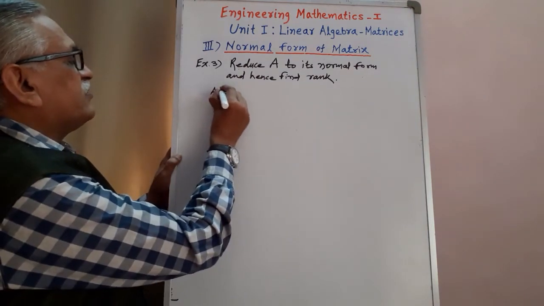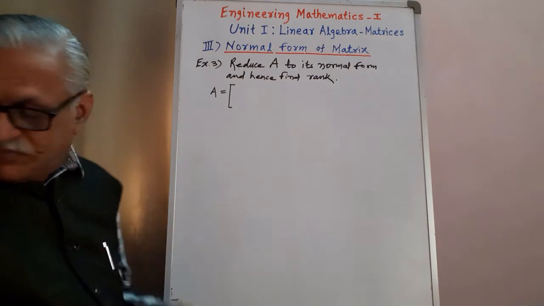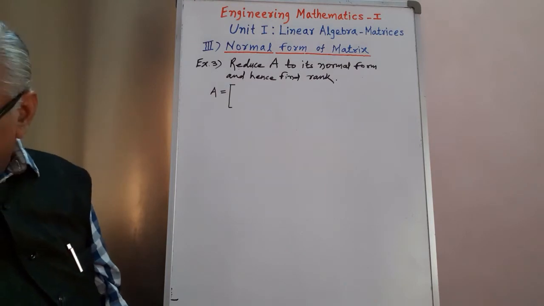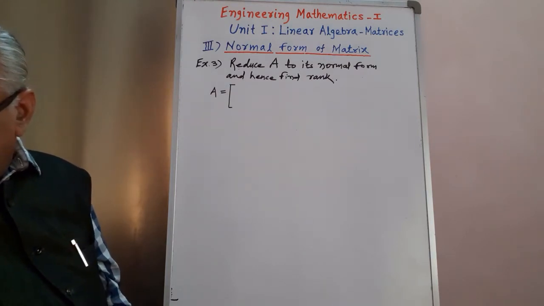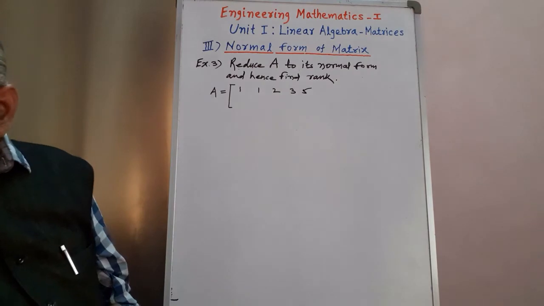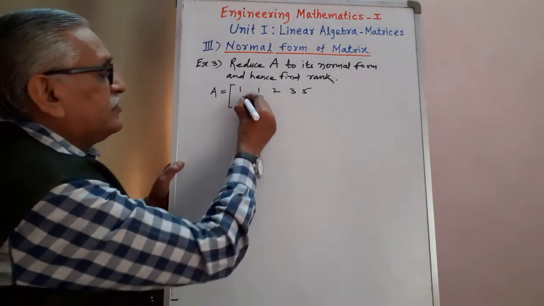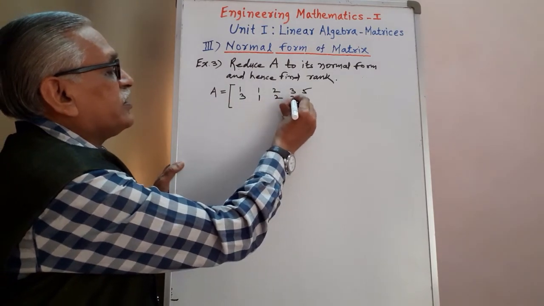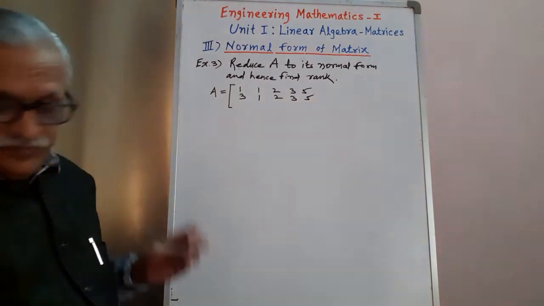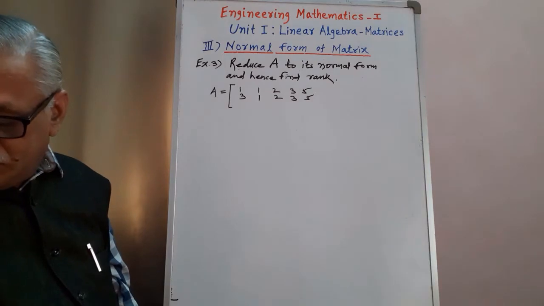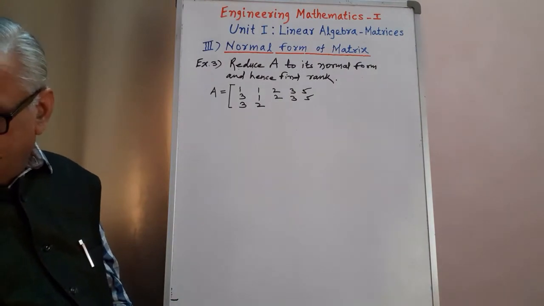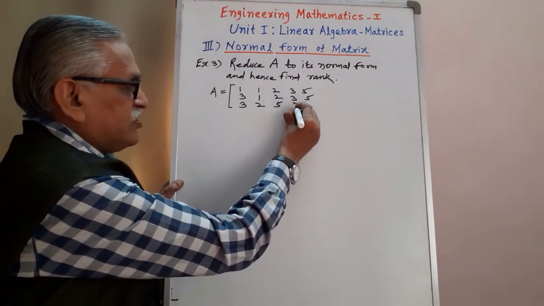That matrix A is 1, 1, 2, 3, 5; 3, 1, 2, 3, 5; 3, 2, 5, 7, 12.